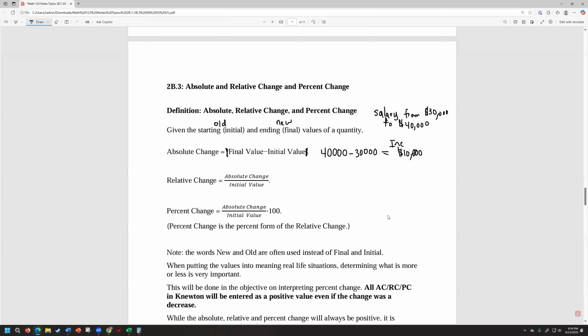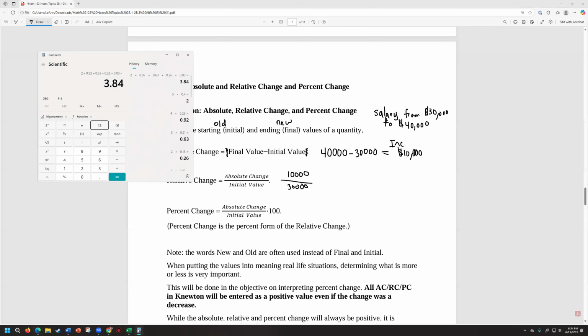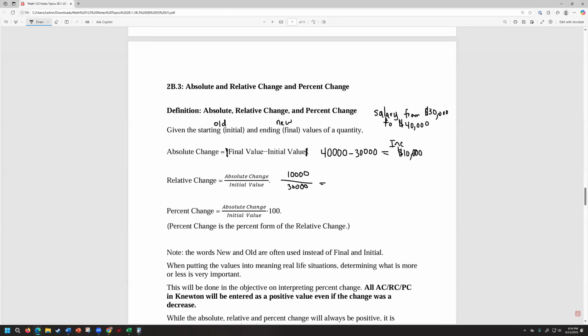Now, the relative change means you take that absolute change you just found, which was $10,000 that was positive, you divide it by your initial salary. So that was 30,000. What this gives you is the decimal version of the percentage. It's the decimal form. Okay, so this would be 0.33 repeating. So I'm just going to write out a bunch of those and then dot, dot, dot.